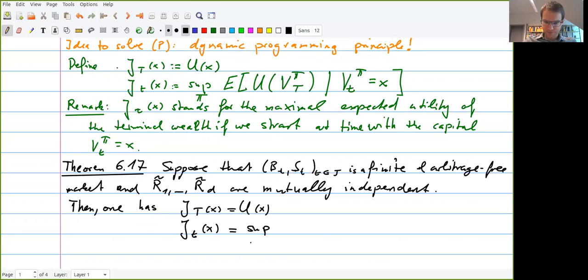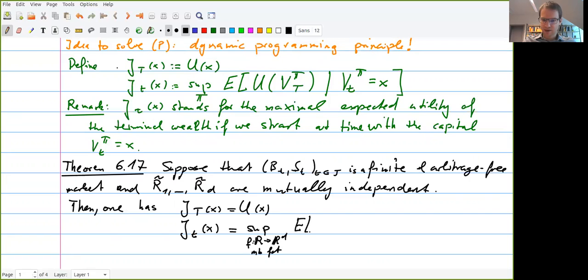So if you want to have J_t(x), the maximal expected utility of the terminal wealth if you start trading at time t with the capital x, it's actually enough to consider a decision rule, the function f, which has to be a measurable function from R to R^d. These are the d positions in the risky assets.